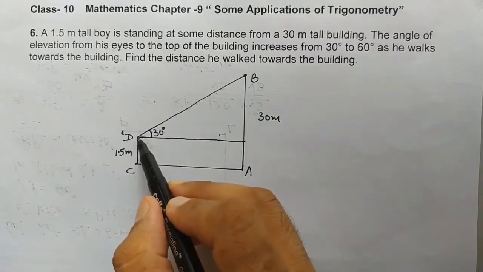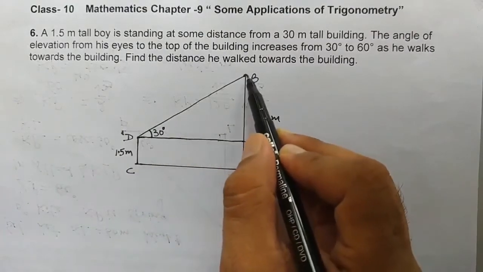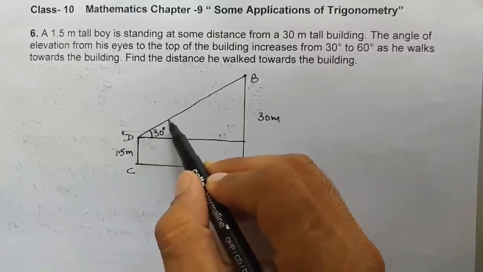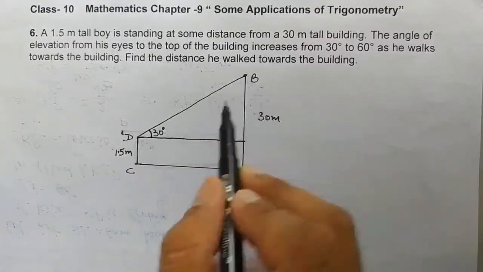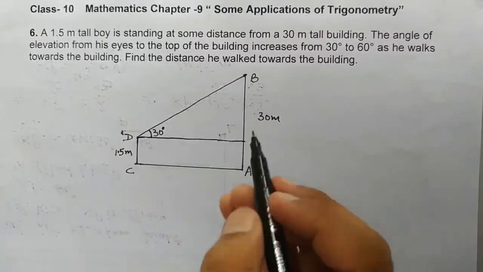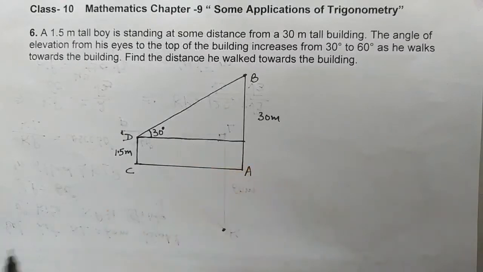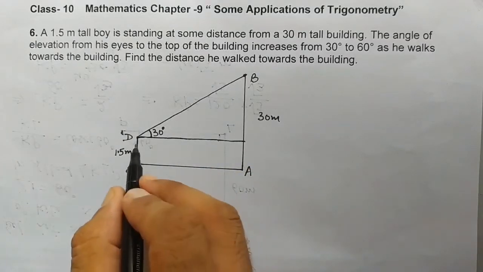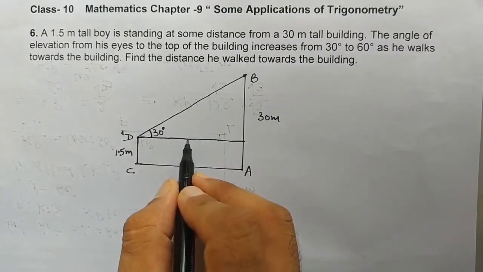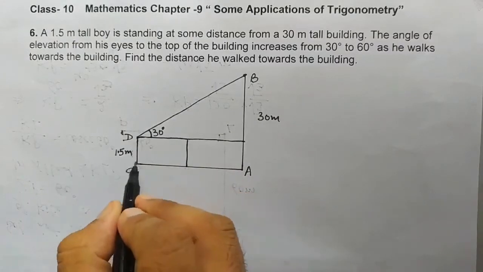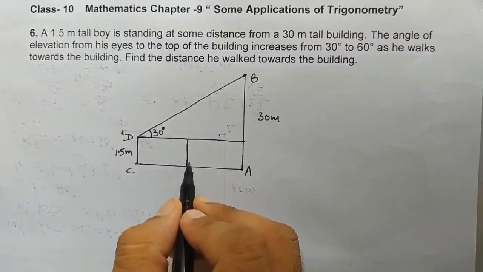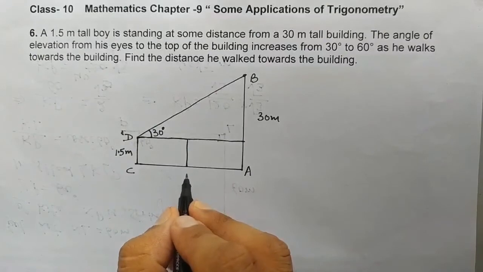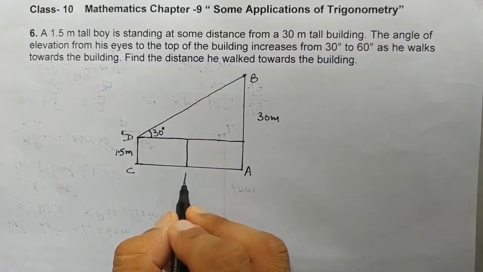So this is the ray of sight. When he looks towards the top of the building, the ray of sight will be in this line and this is the horizontal, so this is 30 degree. Now when he walks a little bit towards the building, suppose he is walking up to here. Now suppose this position of the boy is at point PQ, right?